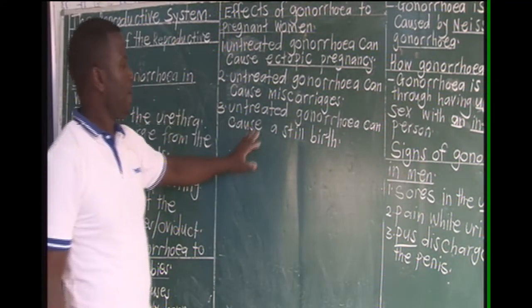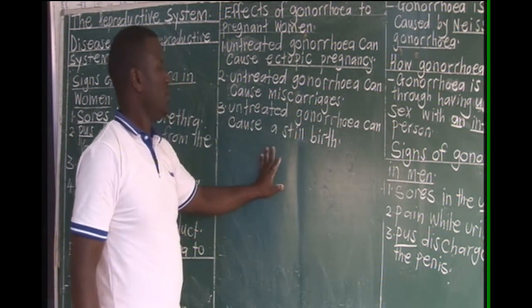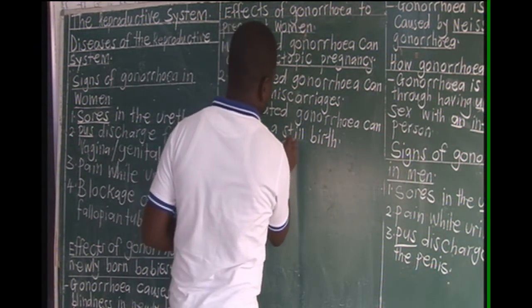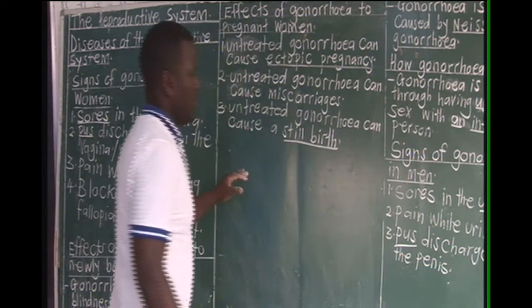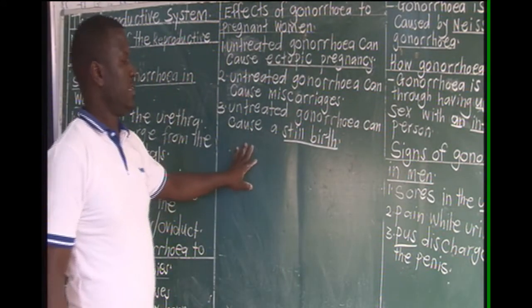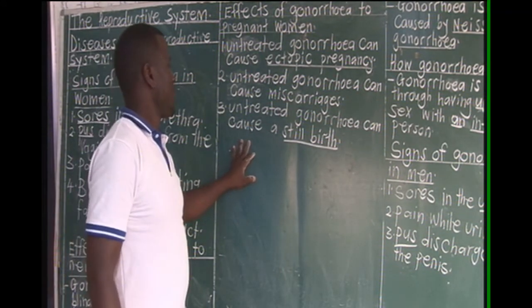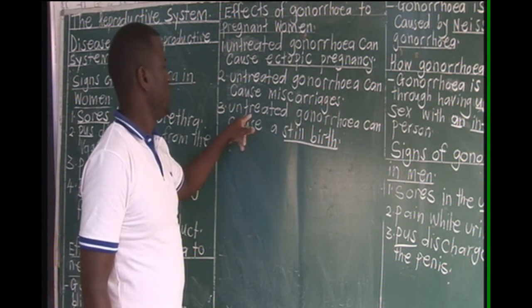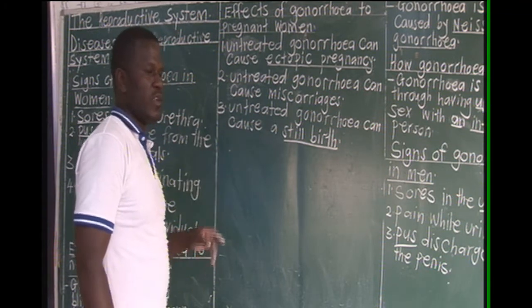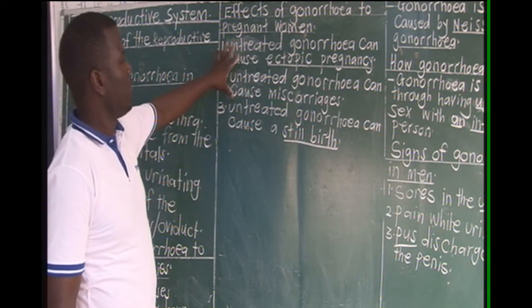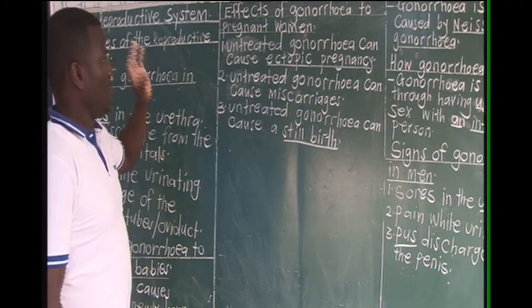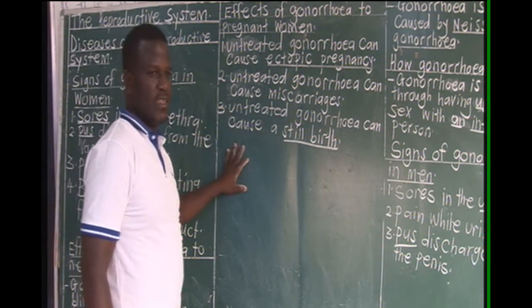I've said stillbirth means giving birth to a dead child or a dead baby. So some pregnant women give birth to dead babies because of untreated gonorrhea. So these are some of the effects of gonorrhea to pregnant women.